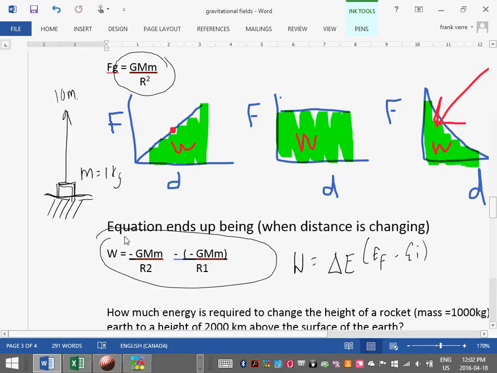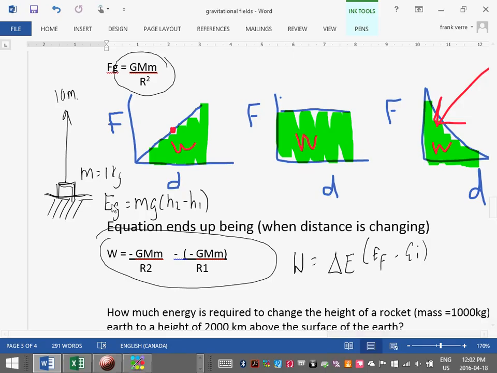Yeah. It's mgh, right? The potential energy is the mass times g times delta h. So h2 minus h1. In this case, because h1 is at the ground, it was considered to be what? 0, right?